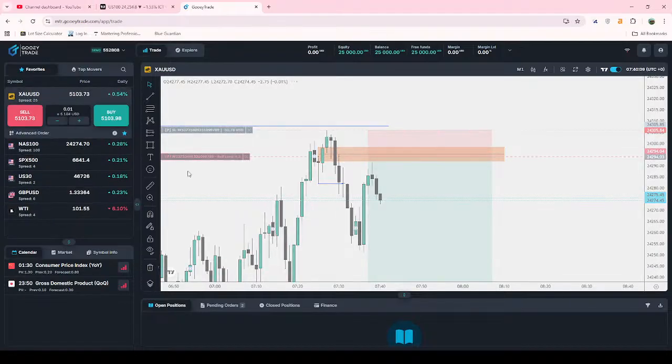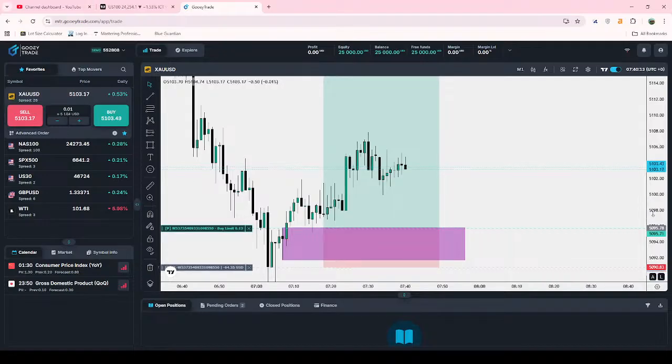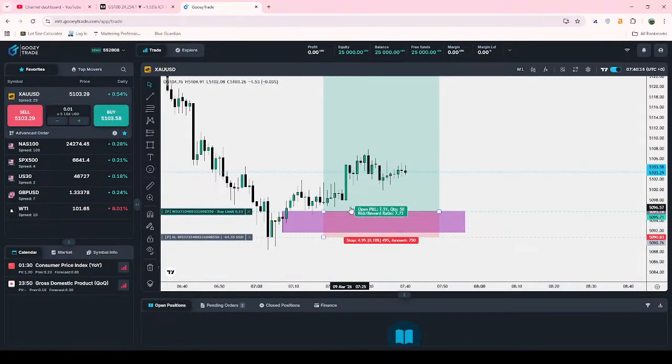Now let's look at gold. The gold has begun to consolidate again with liquidities on this short side, meaning the market will come down to take all these liquidities. When the market comes down to take these liquidities, my entry will be filled.